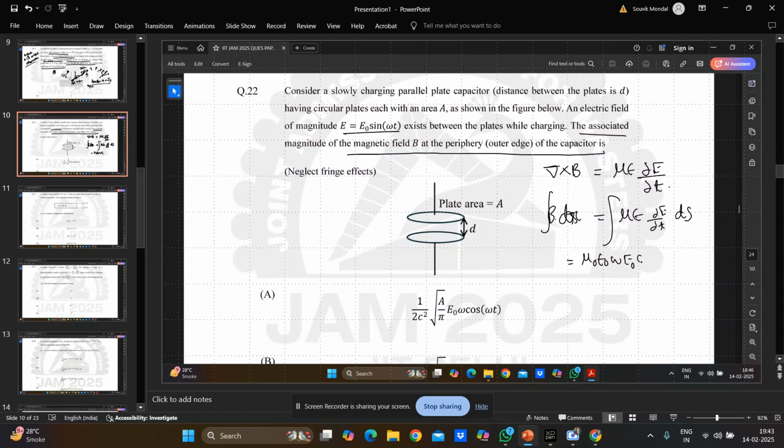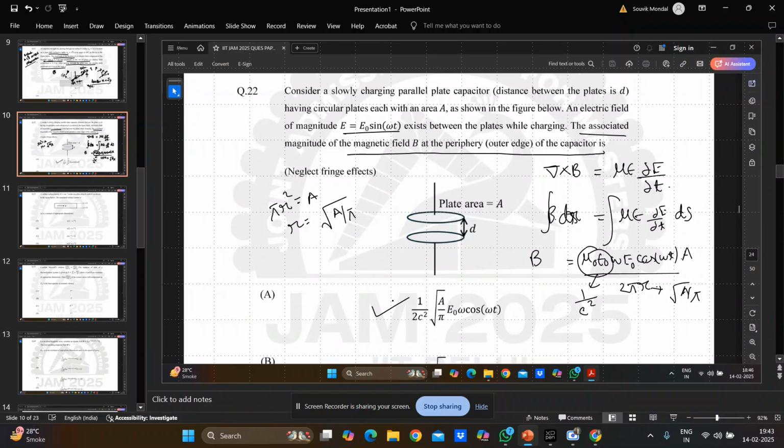Omega E naught cos of omega t. ds is simply A, and B is simply divided by 2 pi r, but be careful, they are giving you the area. So pi r square is A, so r is equal to root under A by pi. You have to substitute this, and mu naught epsilon naught is simply 1 by c square, right? So you have to substitute this.